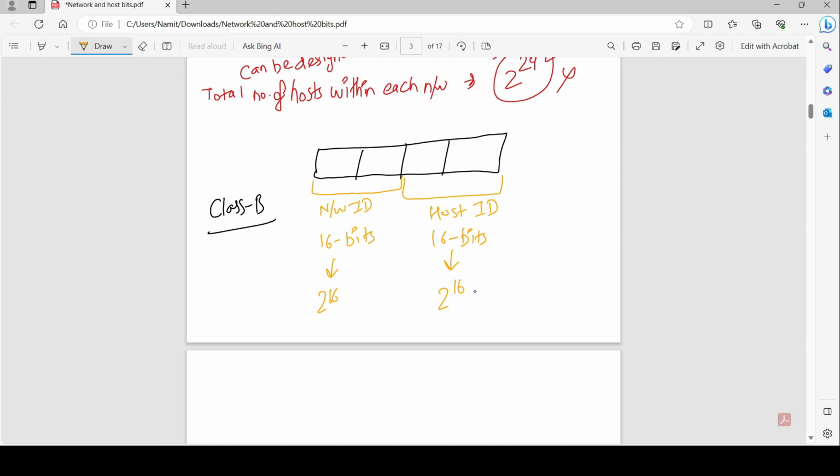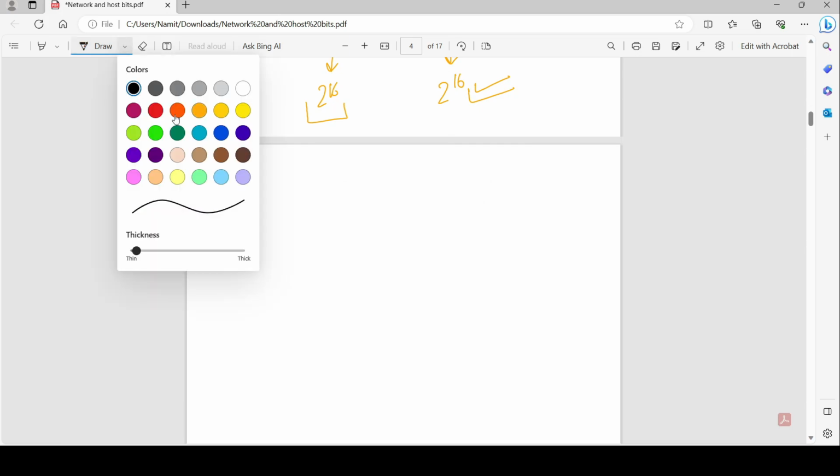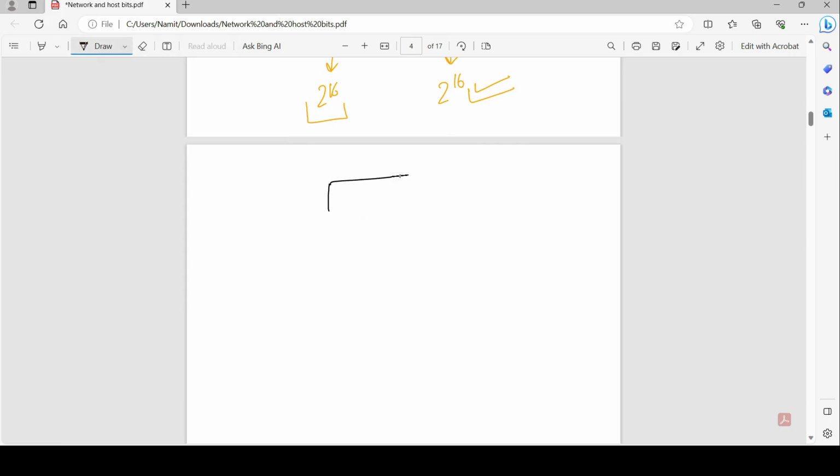So the number of hosts within a particular network has decreased significantly, but we are still not going to have that many devices within every single network. That's why we do not use class B either. But the number of networks has increased. Then they came up with something known as class C.